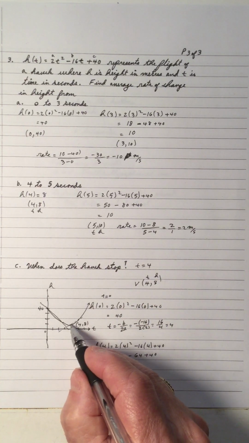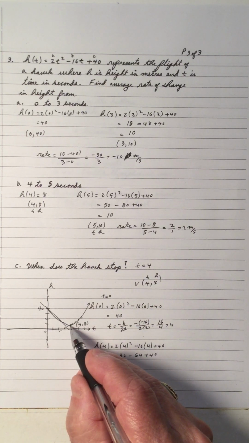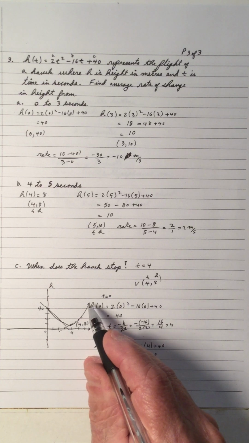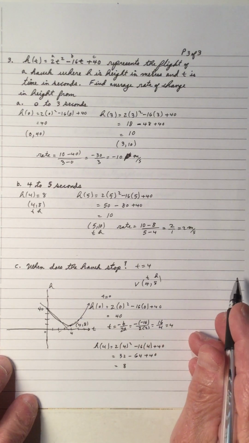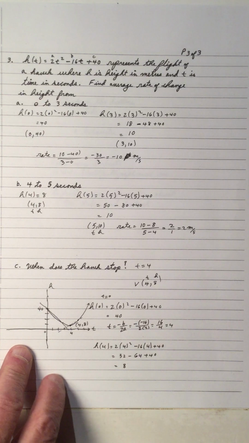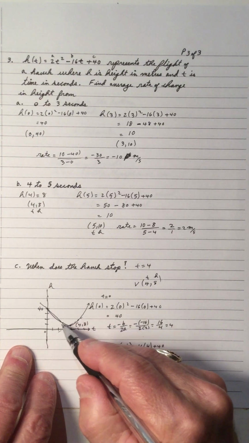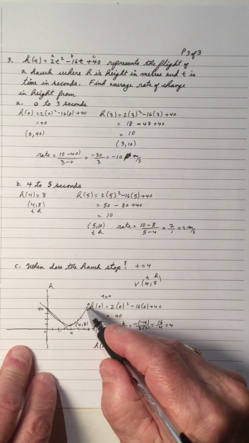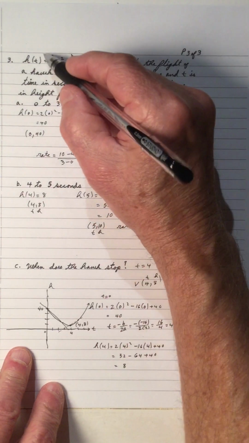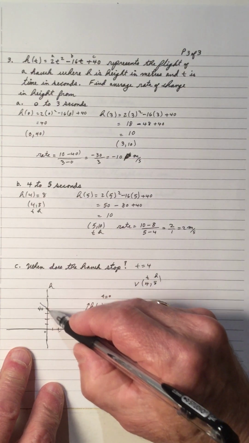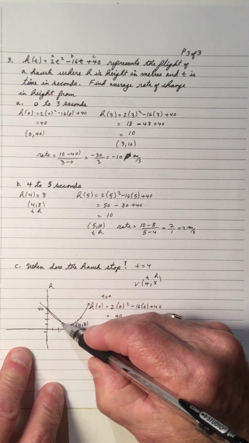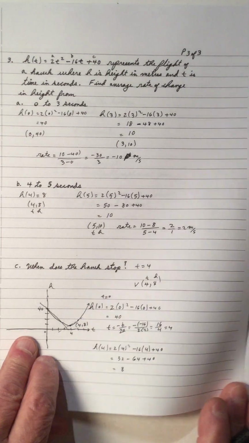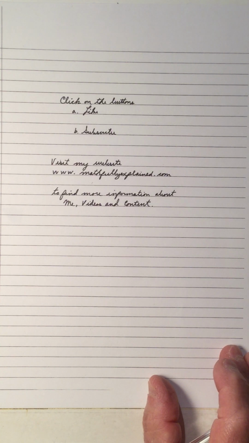It's going down. Momentarily it stops and then it swings back up again. Again, the path of this hawk is the equation with a positive a, meaning the parabola opens up. So it comes down, stops, and goes on up. Just wanted to illustrate different types of problems.